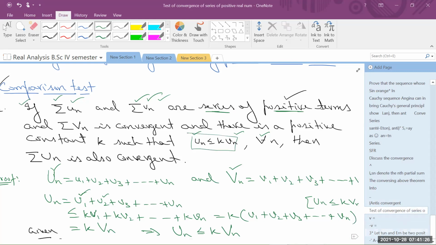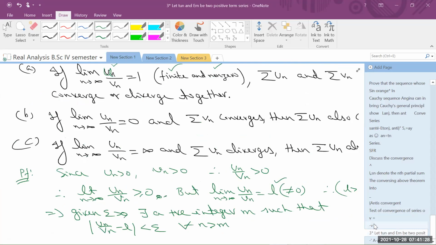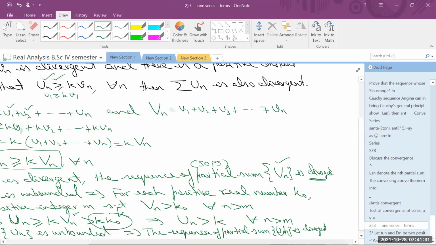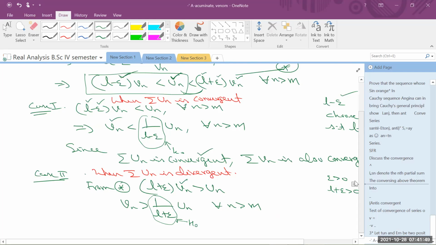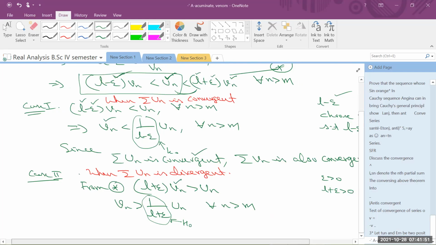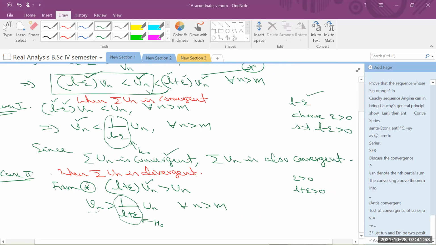The second part: in the second part we are using the second form of comparison test, that if each of the Un is greater than or equal to k times Vn, and if series Vn is divergent, then series Un has to diverge. So using this relation, now clearly I can write here, because we have Vn is greater than some h naught into Un, where h naught is a fixed constant.